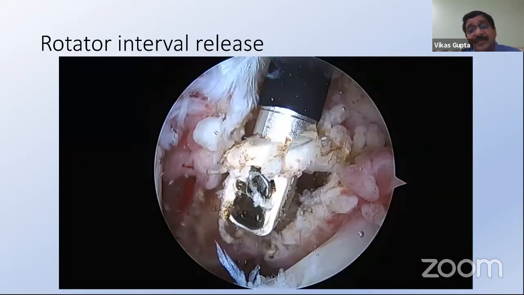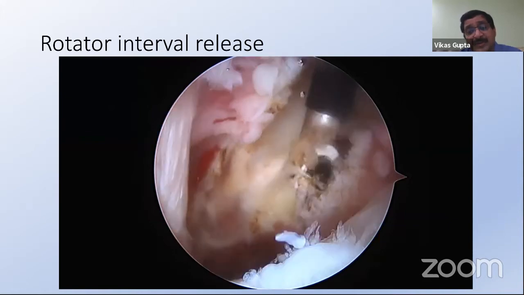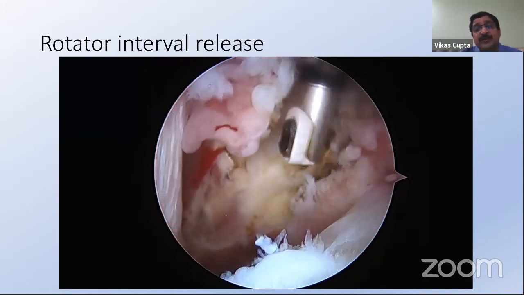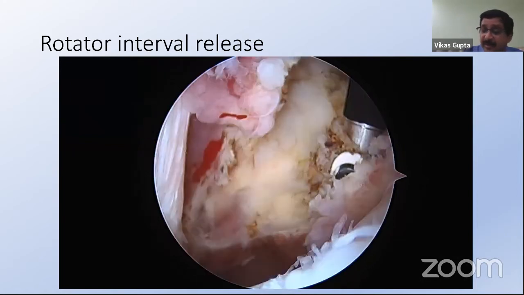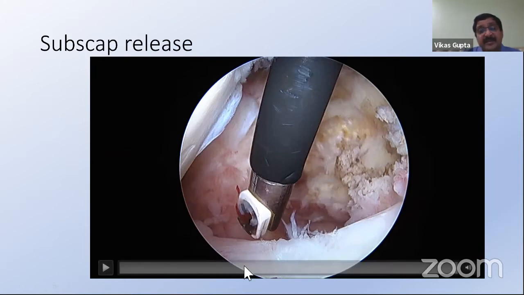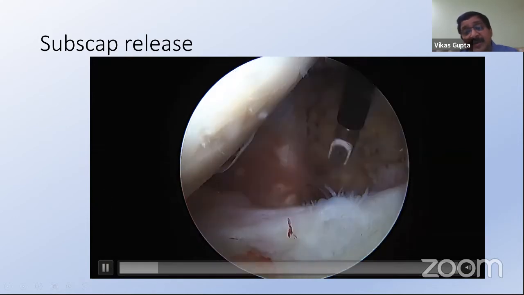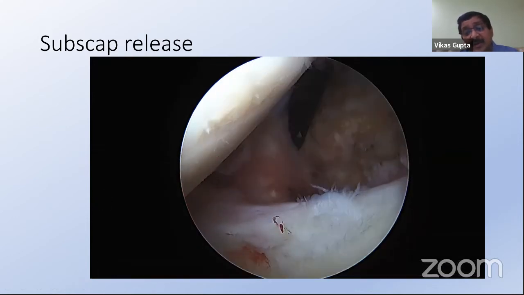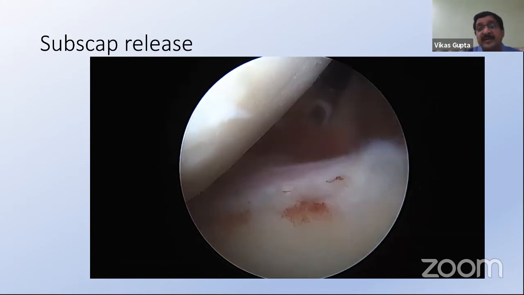Because the patient was not moving it for 4 months, there was some stiffness. So we go through the rotator interval and release it to get some external rotation. And we release the subscapularis so that the muscle, which is torn and retracted, can come back onto the lesser tuberosity. So the muscle is released arthroscopically.